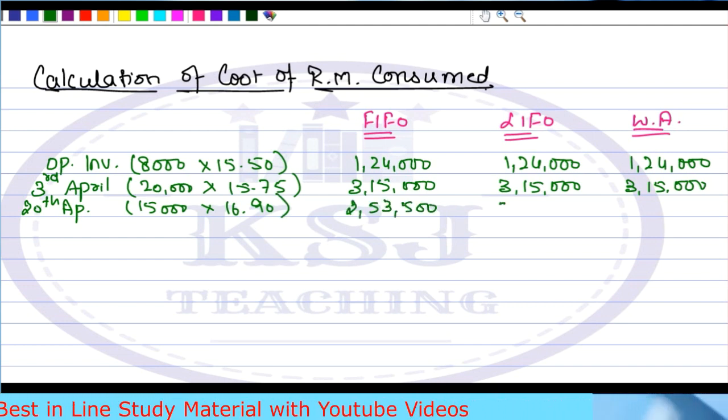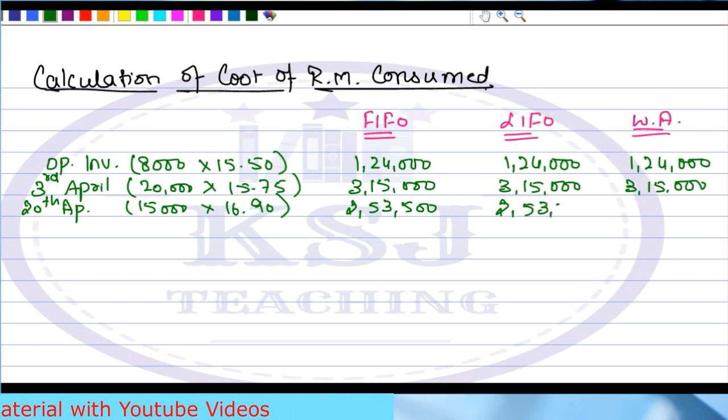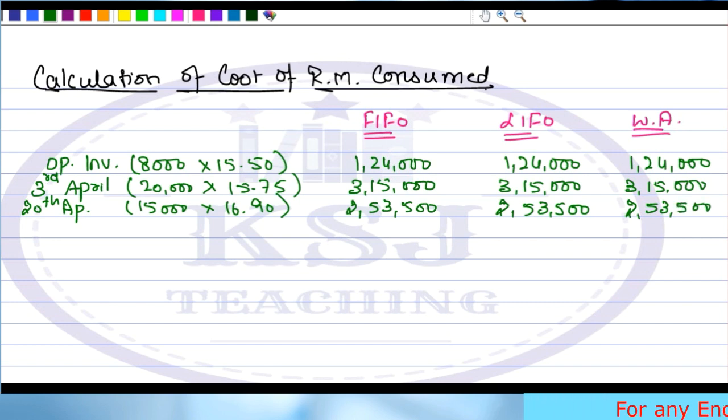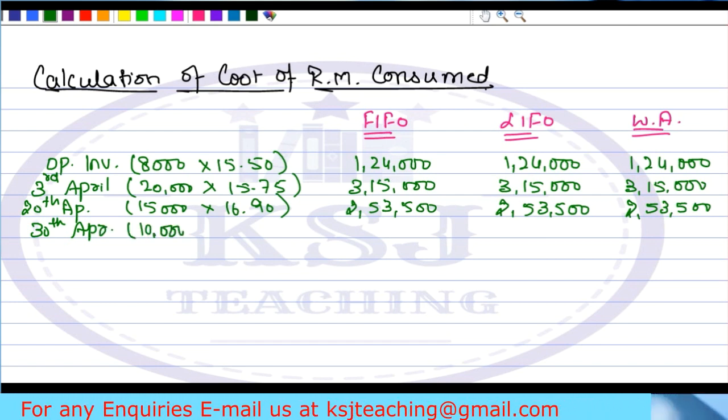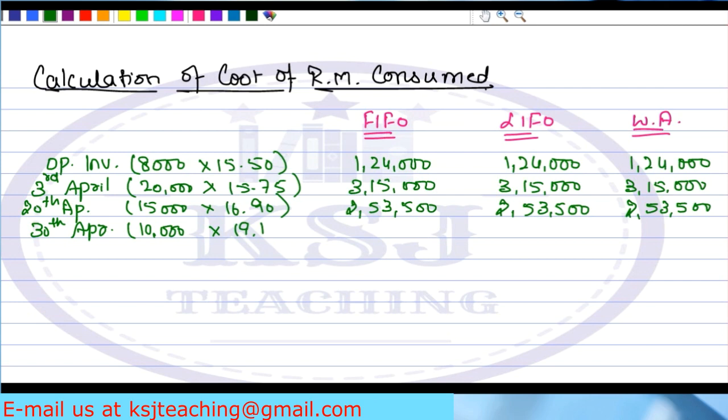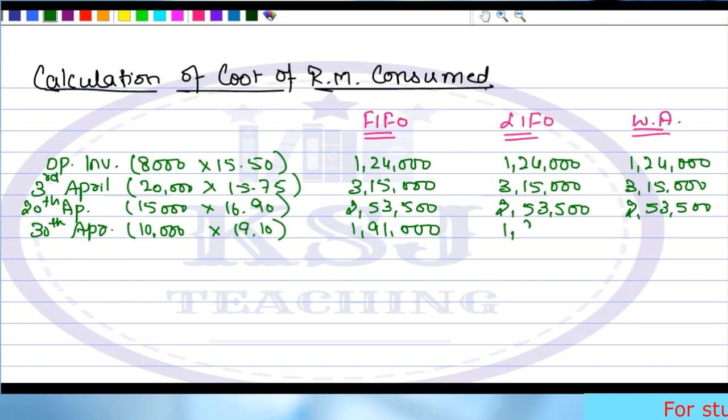2,53,500, 2,53,500 and 2,53,500. Then we have 30th April: 10,000 units multiplied by 19.10. This comes to 1,91,000, the same under all the methods.